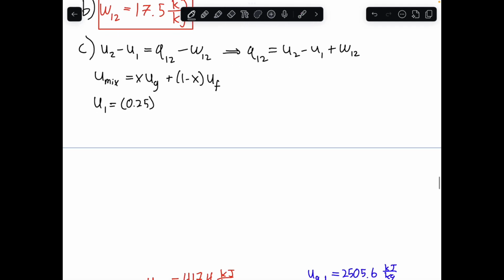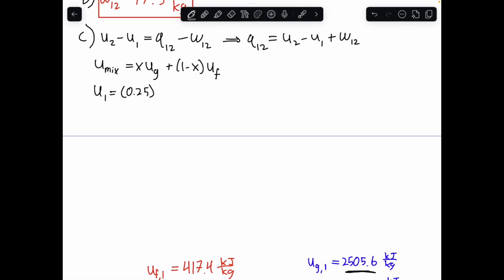Times UG1, which remember down here is just this value, 2505.6 kilojoules per kilogram, plus 1 minus the quality, times UF, which is this value right here, 417.4 kilojoules per kilogram.